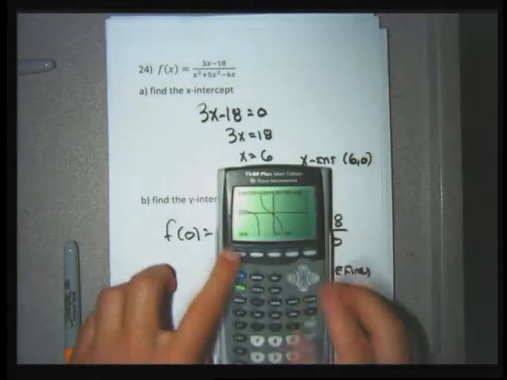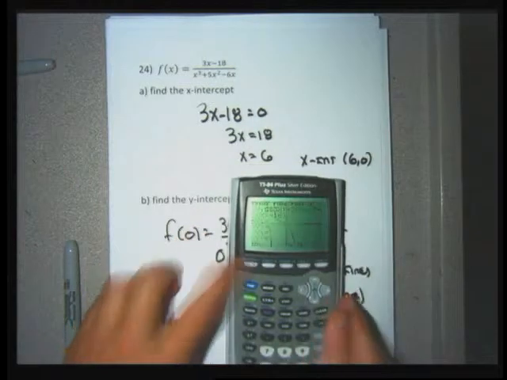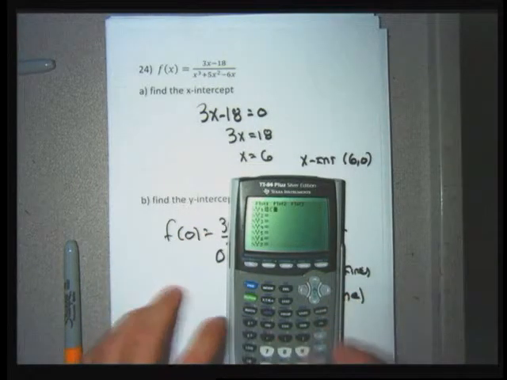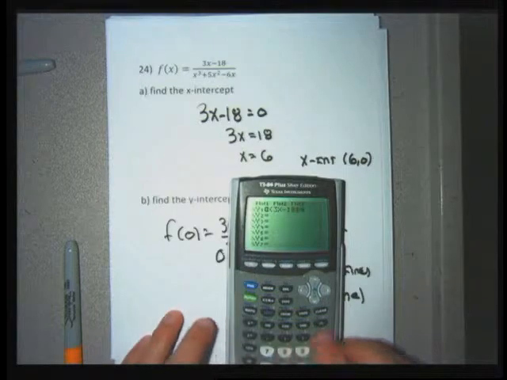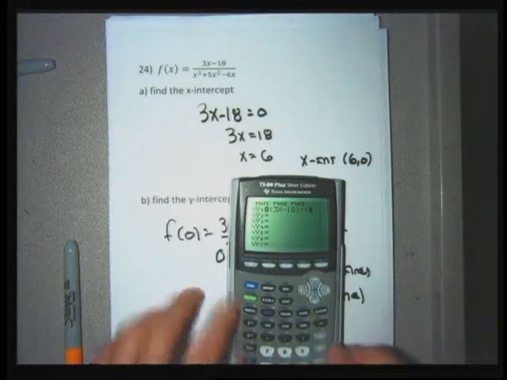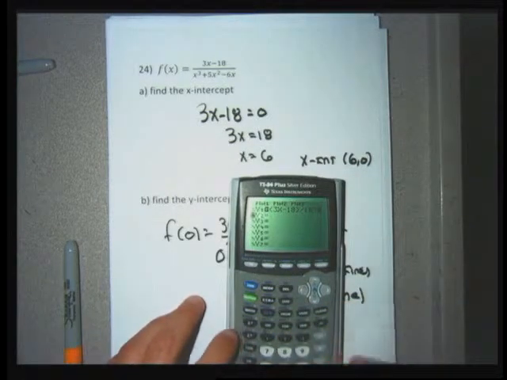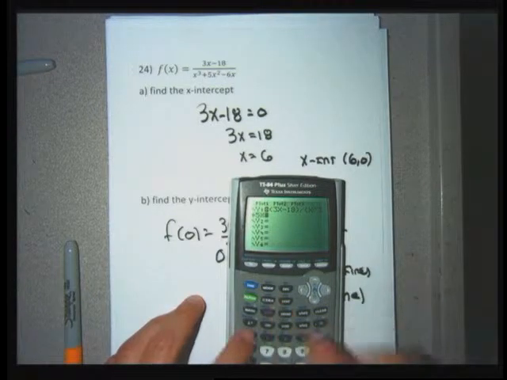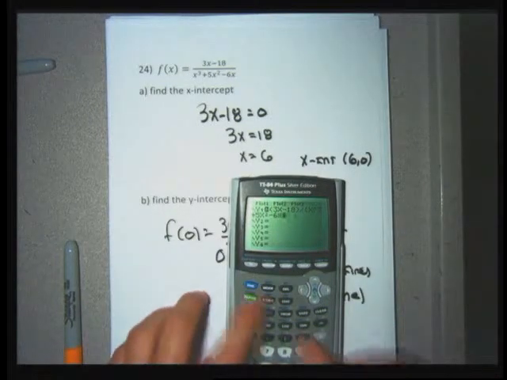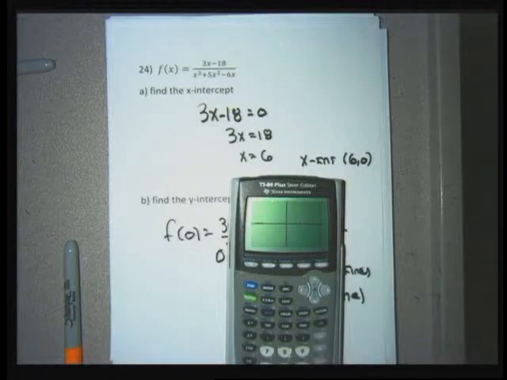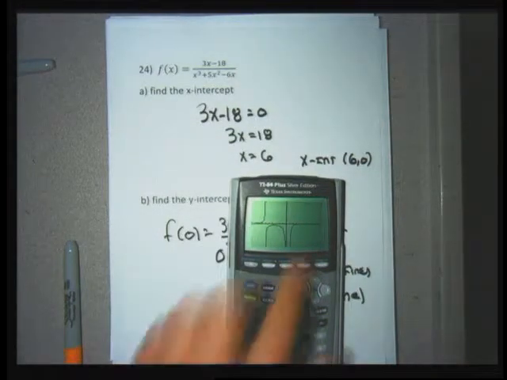So again, if I put my y equals clear 3x minus 18 divided by x cubed plus 5x squared minus 6x, hit my graph button, I'll see the x-intercept at 6 ultimately, and it's hard to see in this window.